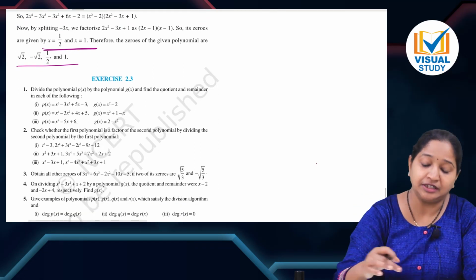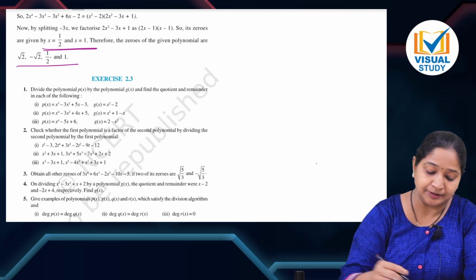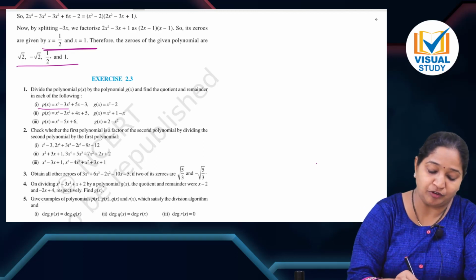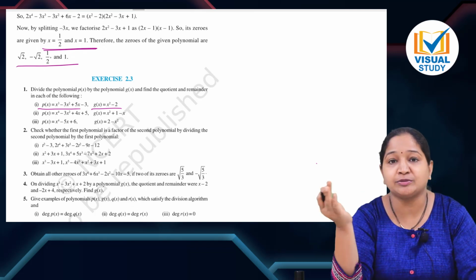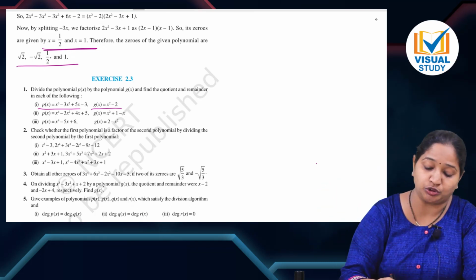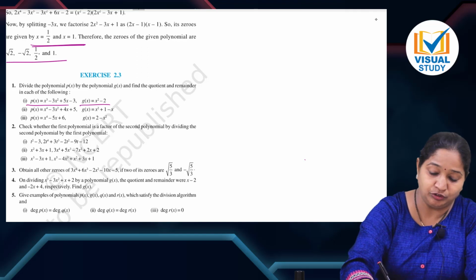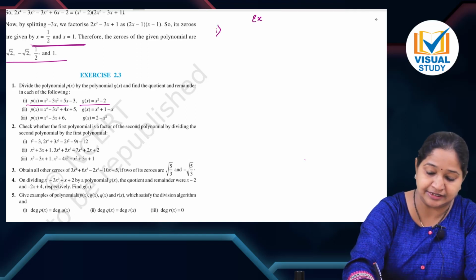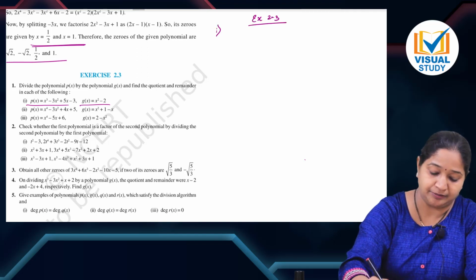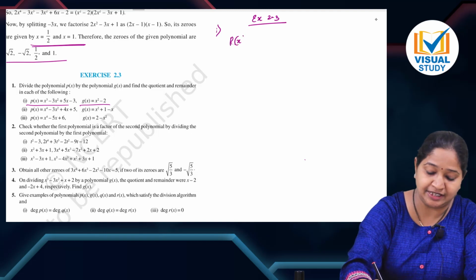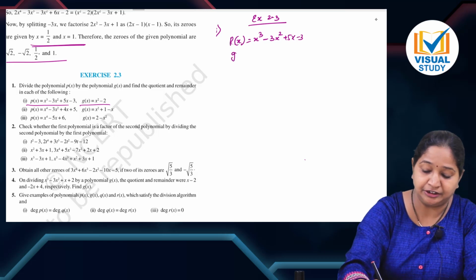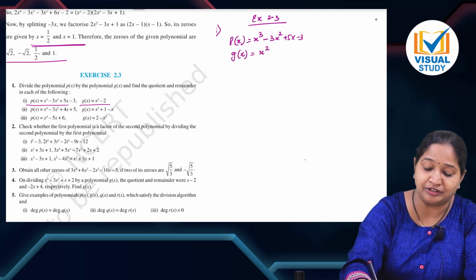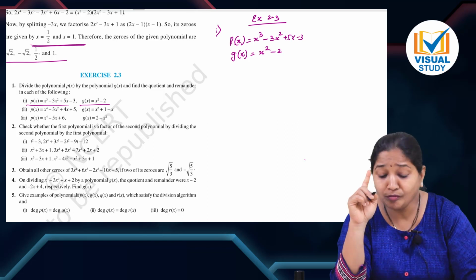Now we will start with our exercise 2.3. They have given us p of x and g of x, and we have to divide p of x by g of x and then find the quotient and the remainder. We will do the first one. P of x they have given us is x cube minus 3x square plus 5x minus 3, and g of x is what we have to divide by.